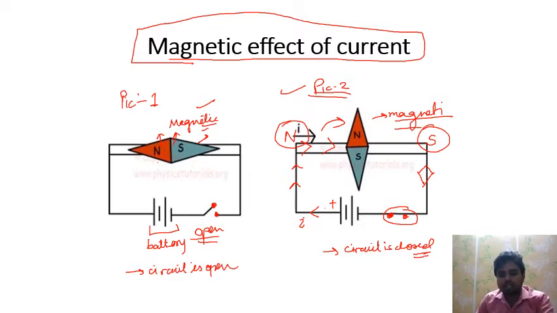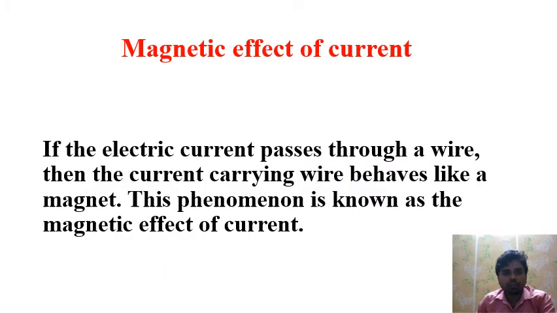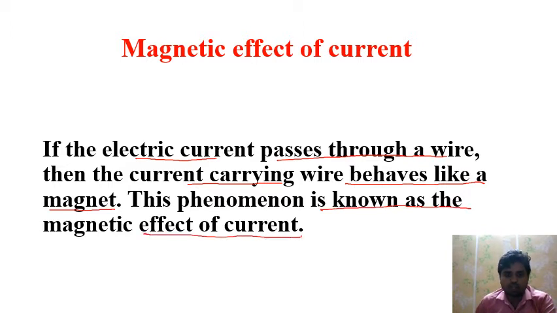Okay, so let's see the other thing. Just now we discussed that if the electric current passes through a wire, then the current carrying wire behaves like a magnet. This phenomenon is known as the magnetic effect of current. So student, what is the magnetic effect of current?